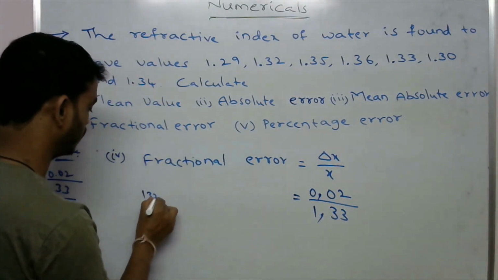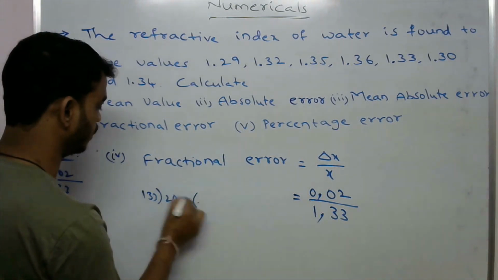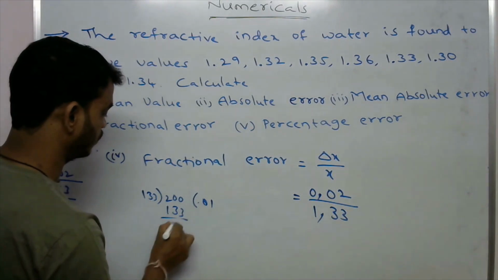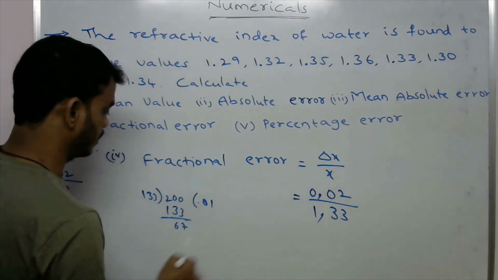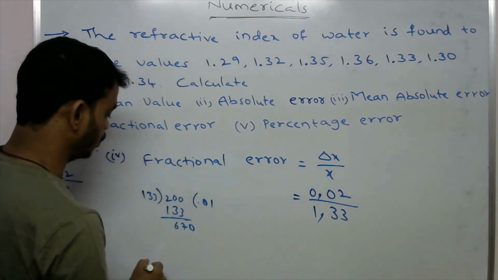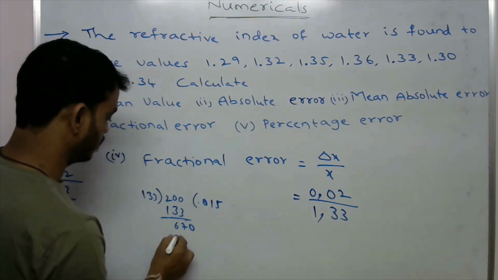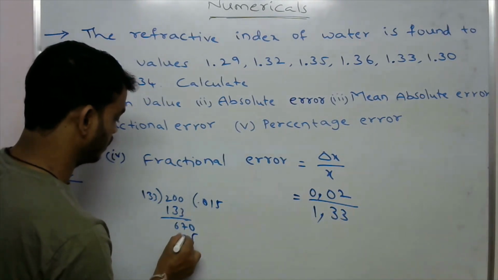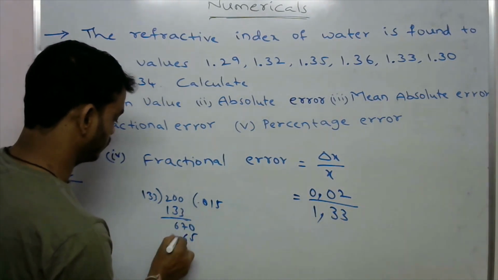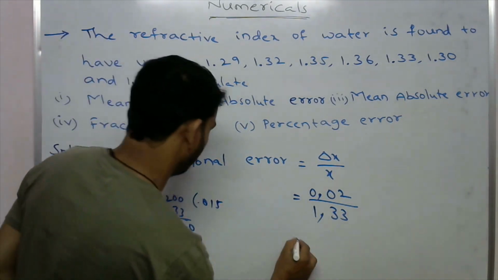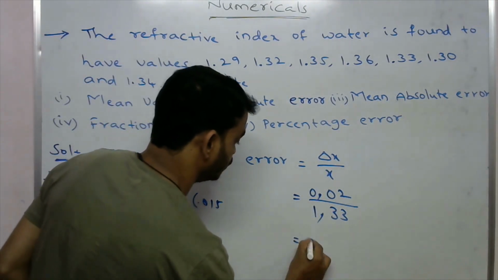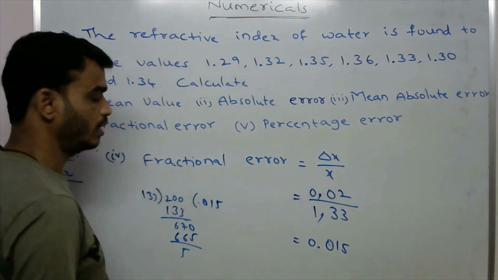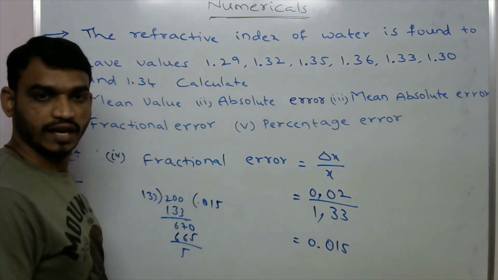So 133 into 0.000, 133. So this value is 0.015. Okay, so this is the fractional error.